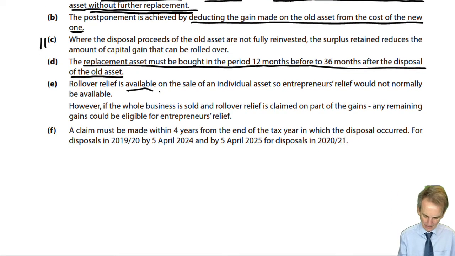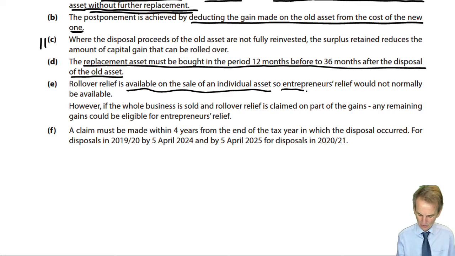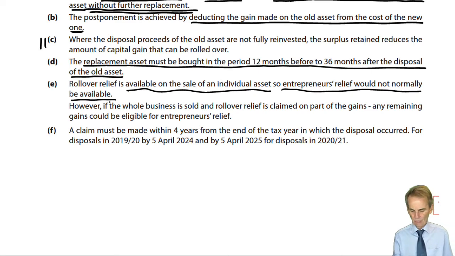Rollover relief is available on the sale of an individual asset, so entrepreneur's relief would not normally be available. Remember, we only got entrepreneur's relief on the disposal of the business or an identifiable part of that business. We might run 2 trades and we're able to dispose of one of the trades while keeping the other trade. So that was a recognisable part of the business.